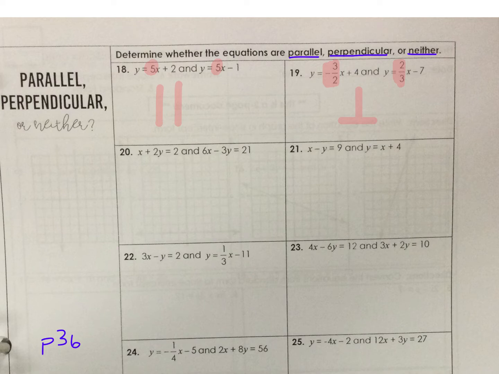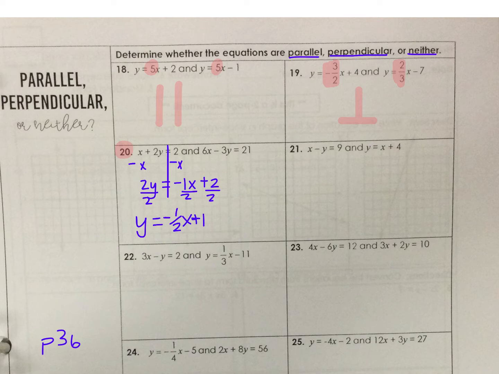I have a problem with number 20. I can't look at the slope until I have it in y equals mx plus b. So I'm going to subtract the x. 2y equals negative 1x plus 2. Divide everybody by 2. Y equals negative 1 over 2x plus 1.